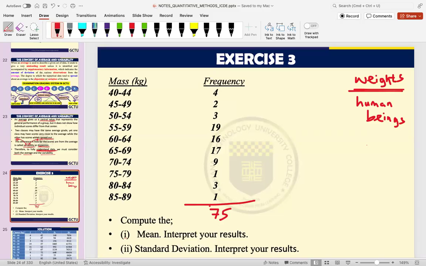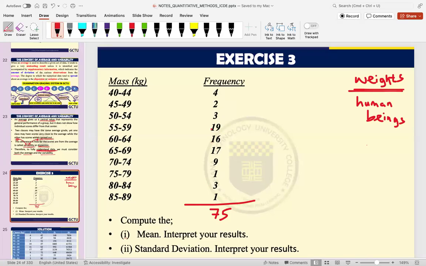So it means that 75 persons have been weighed. And after the weighing, those who have weights between 85 to 89, it was only 1 person. And then those who had 80 to 84, you have 3 persons here. And then 75 to 79, you just have a single person.